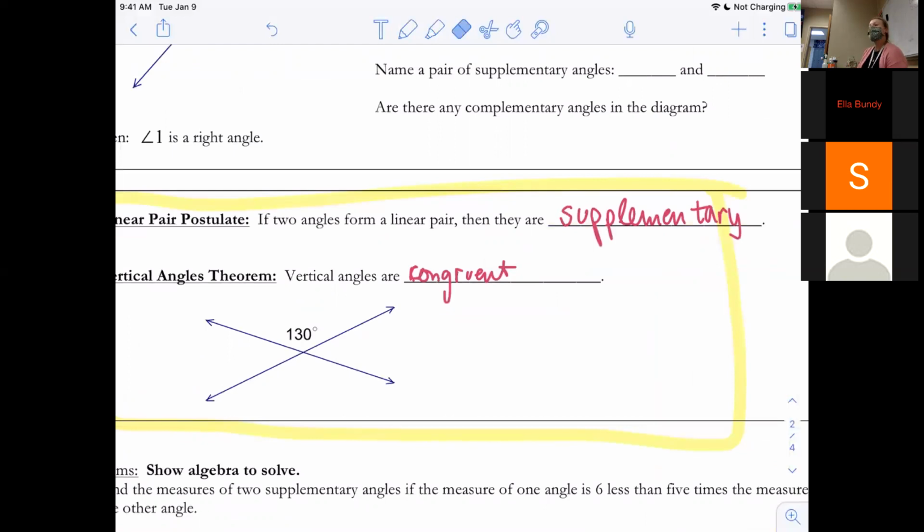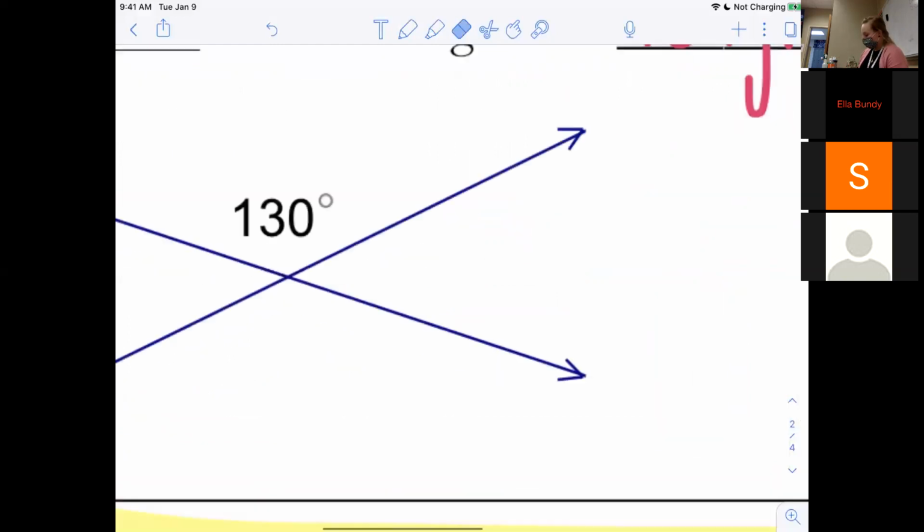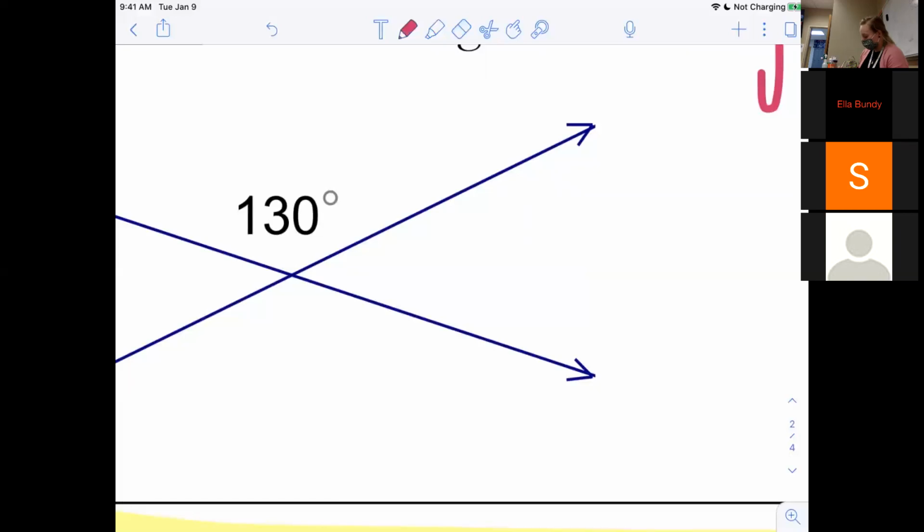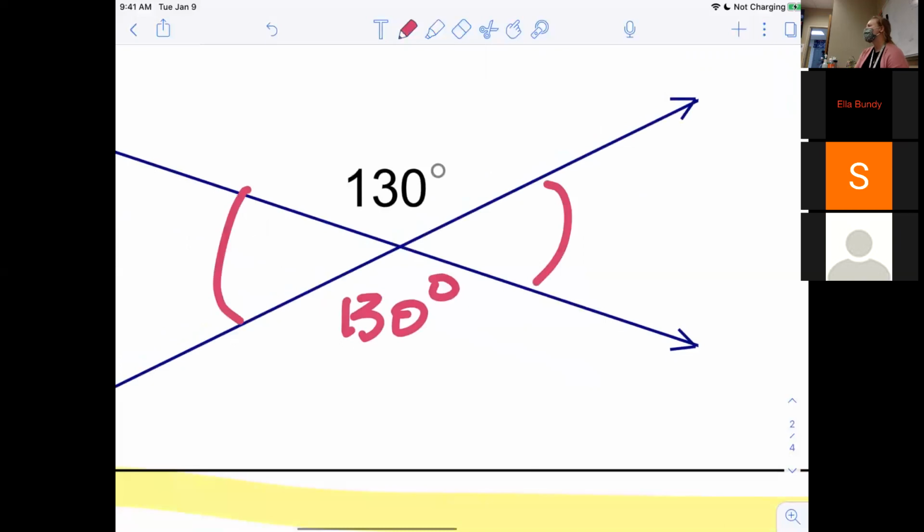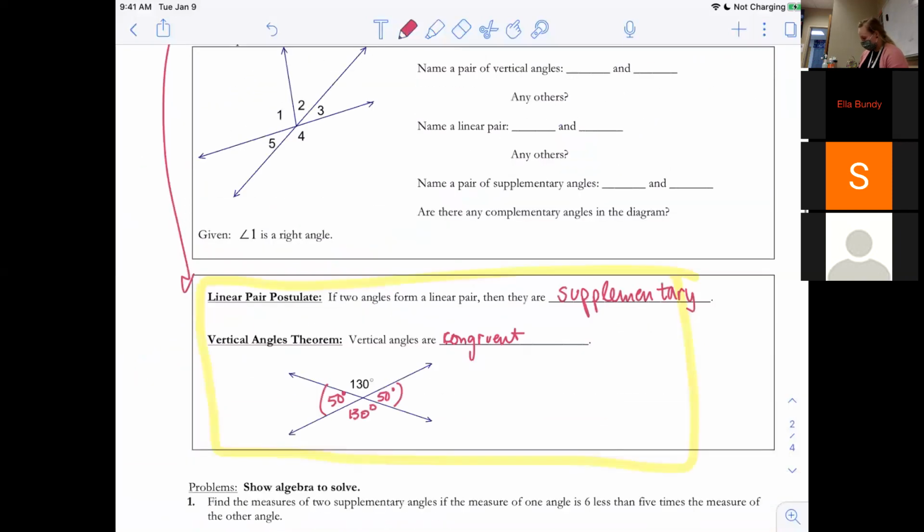Billy? Yep. So I'm going to fill this in. 130 goes here. Those are congruent. What should these angles be? Say again? 50? Because they should add up to be 180. Good. All right. I'm going to keep that highlighted.